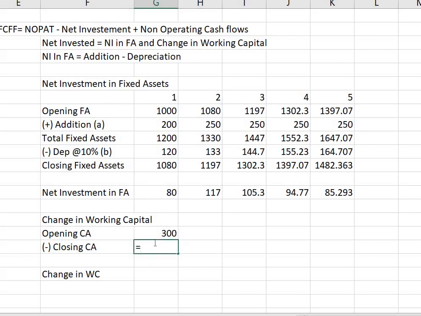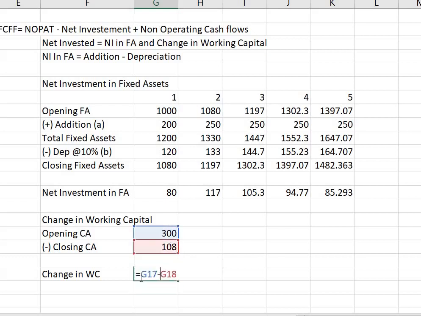So if I calculate 10% of this amount, it comes out to be 108, right? Now very important to understand over here, this is my opening current assets, this is my closing current assets. So what is the change in working capital? Is there any increase or decrease in the working capital requirement? There is a decrease in working capital requirement. Now this minus this.